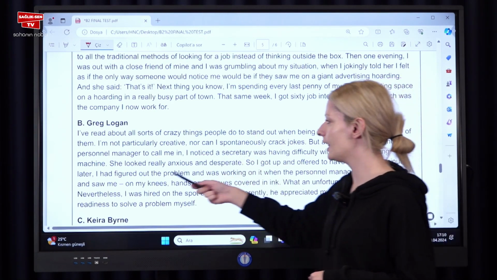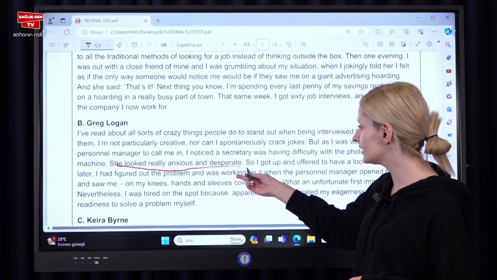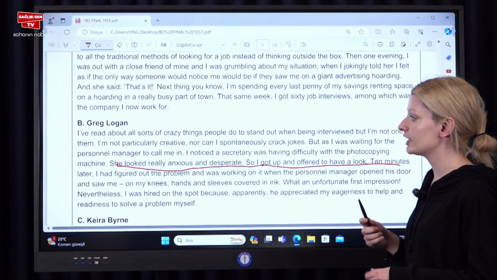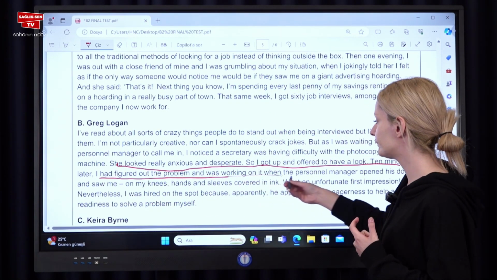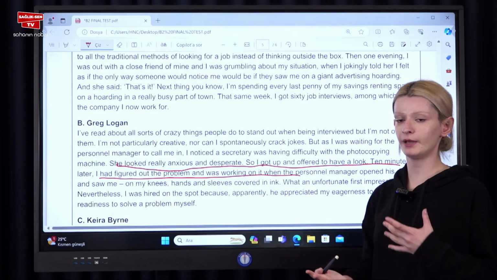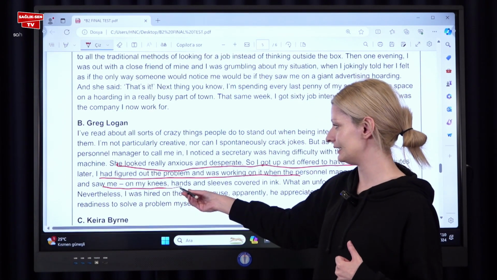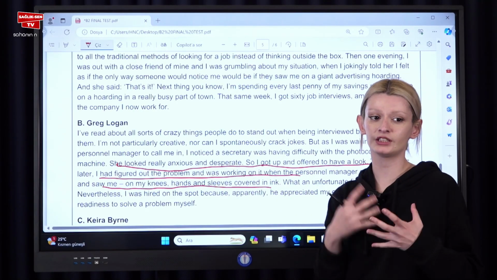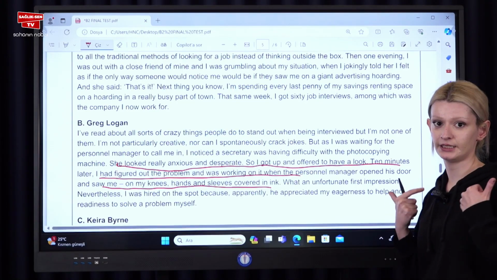how he helped the person that was struggling, and he wanted to help her. And when the personal manager saw that he was on his knees, hands and sleeves covered in ink, he immediately hired him.